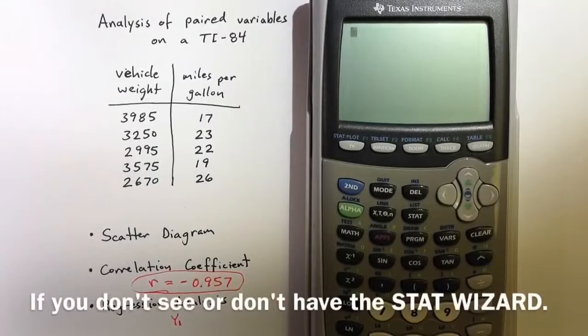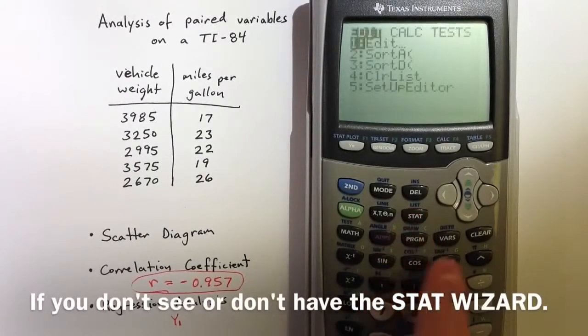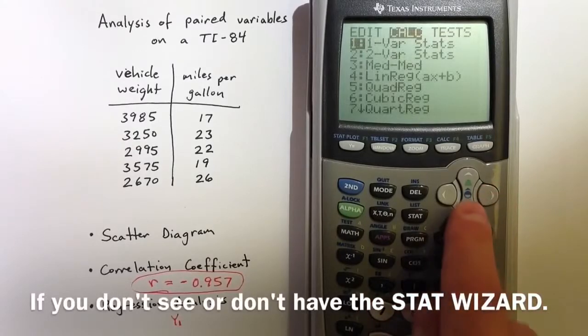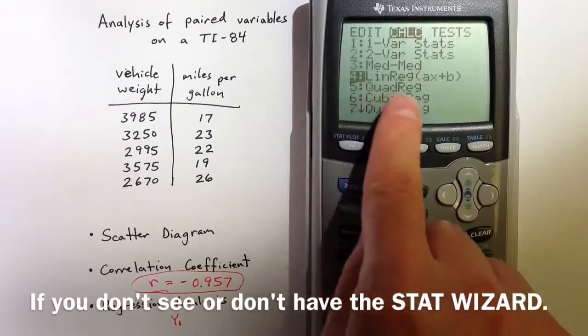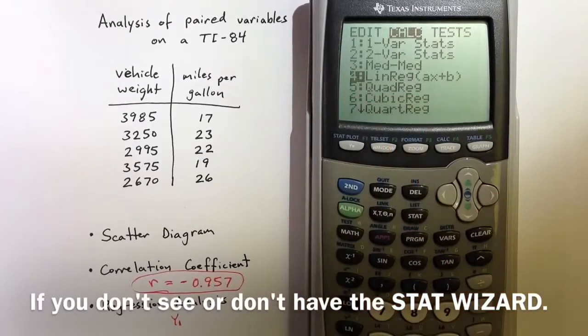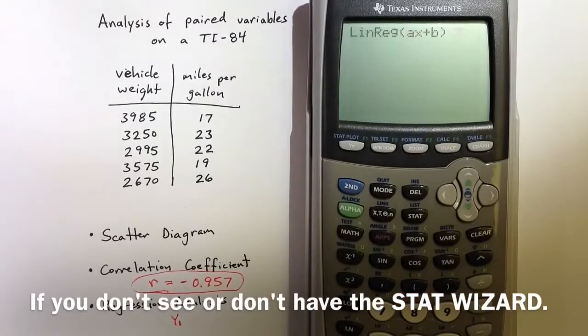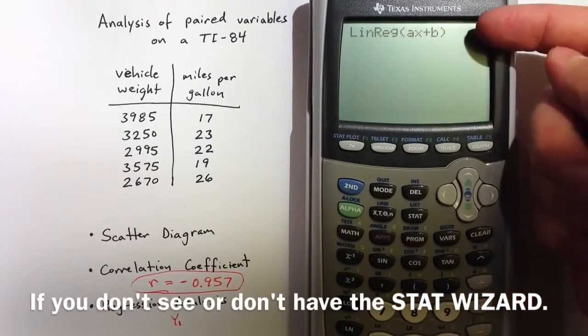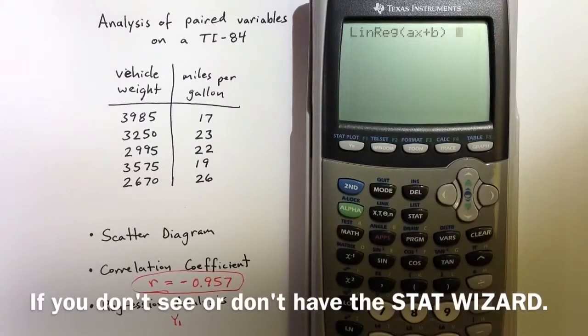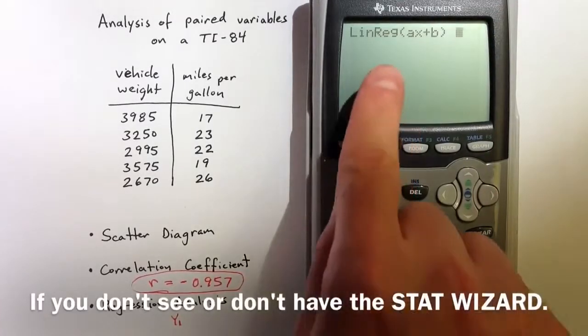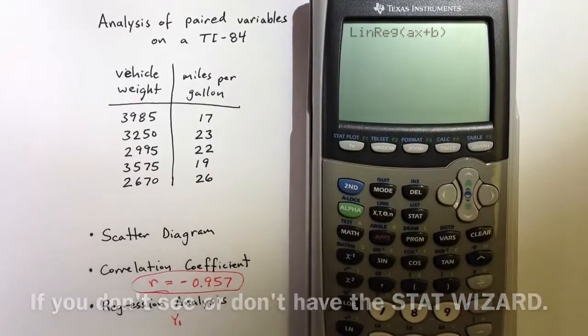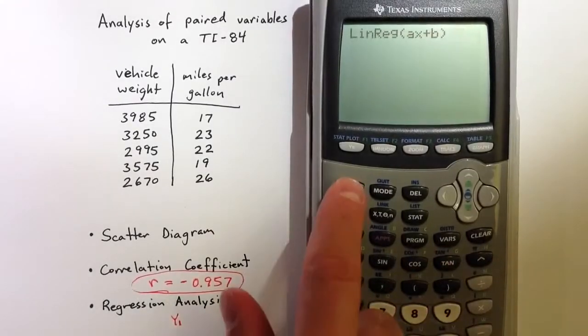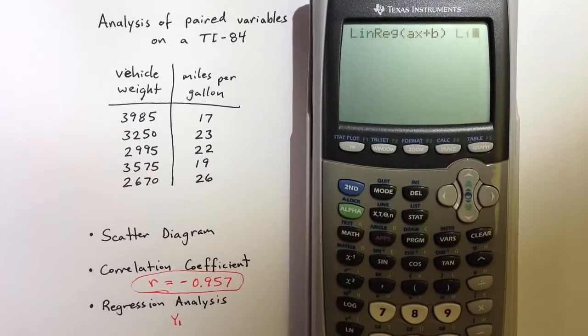I want to point out one more thing on your calculator that you might run into. If you go to Stat, and then over to Calc, and down to Linear Regression, if I choose that option, I might not see the list 1, list 2 kind of presented for me. And so to do what we just did, if this is the sort of command that you see, what you can do is identify list 1.